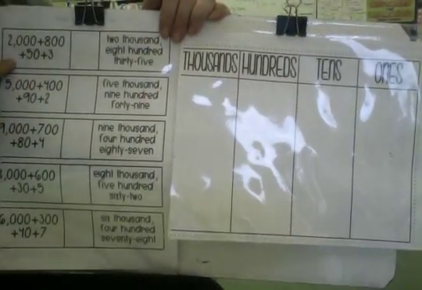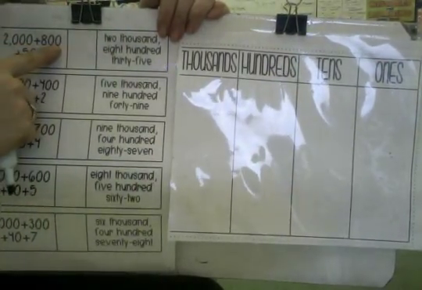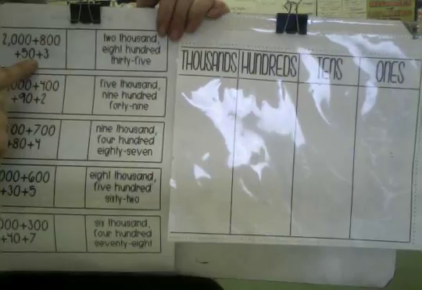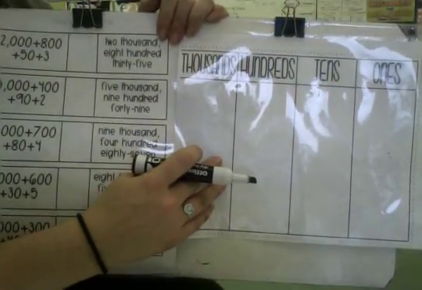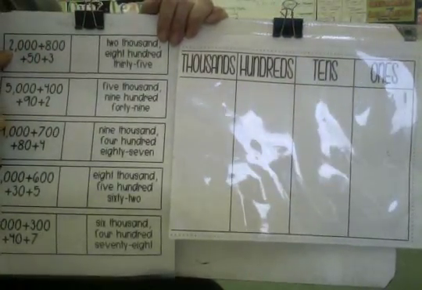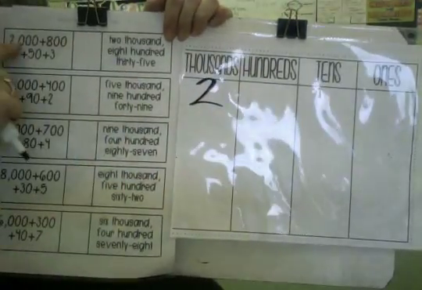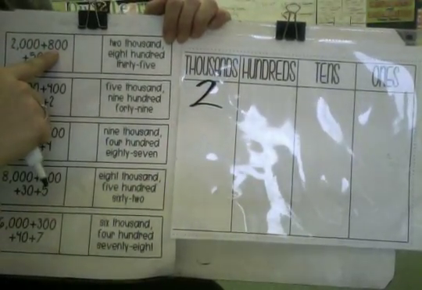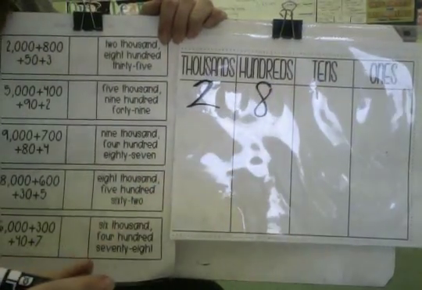So let's take a look at this number here. We see 2,000 plus 800 plus 50 plus 3. Well, let's put each of those into our place value chart. It says that there's 2,000, so there's 2 in the thousands place value. The next thing says that there's 800s, so that means we have 8 units of 100.